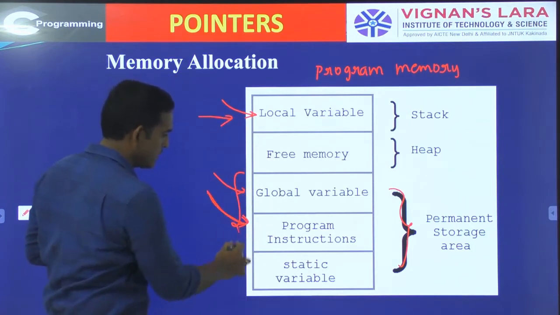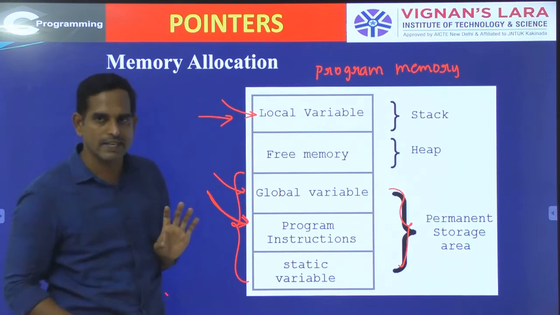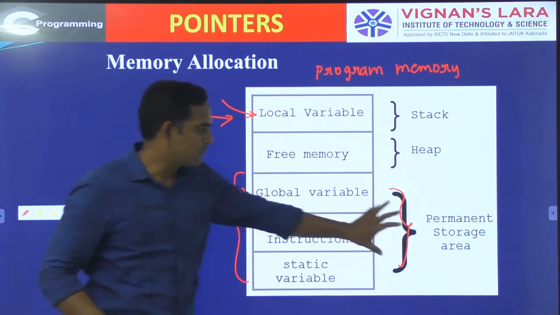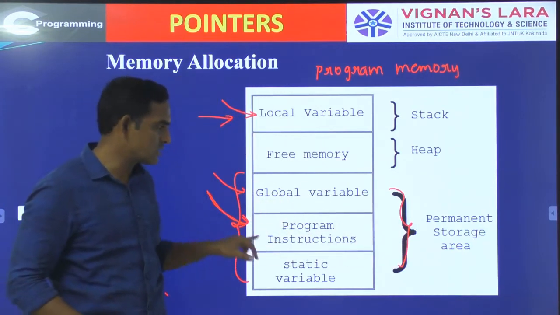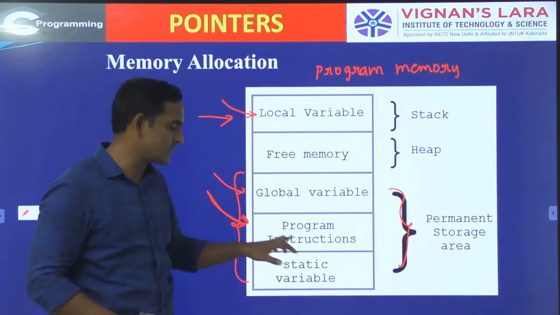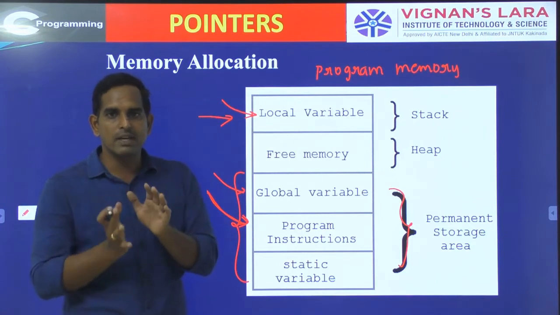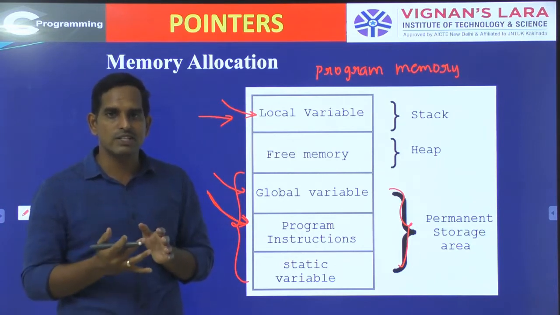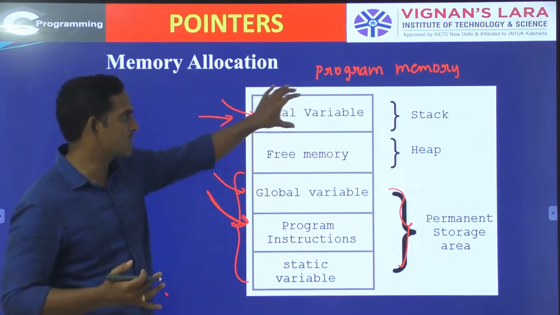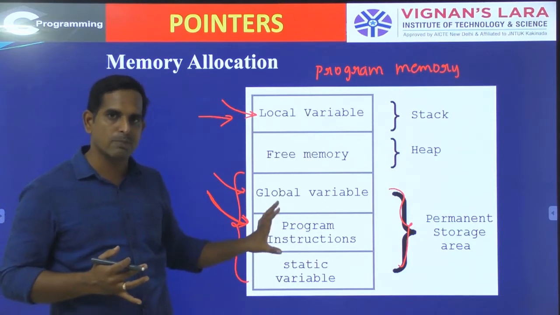And the global variables will have a fixed size. Why? Because the permanent storage area, that is the instructions you write, the global variables you declare, the static variables you declare, and the local variables you declare, will be decided before the compilation itself. So during the compilation, all this memory will be assigned for your program.